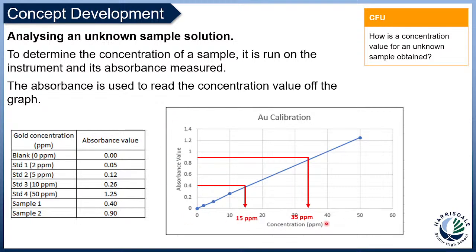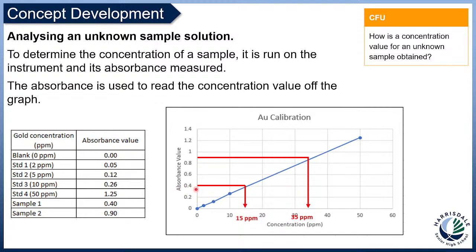Only you, as a person running the machine, know the concentration. So it's going to spit out a certain absorbance value for your unknown sample, and then you have to put that value on your graph that you made from the previous slide, your gold calibration curve.